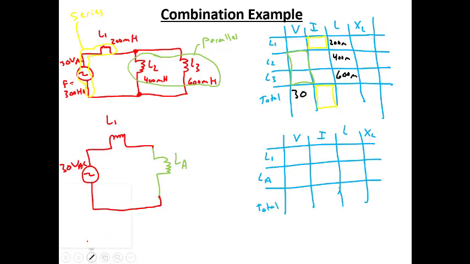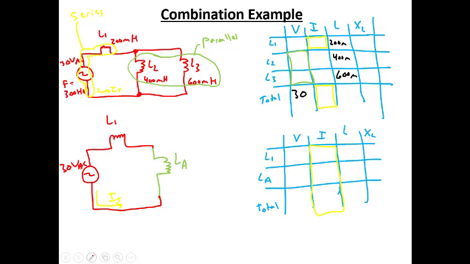Now the current in this circuit is going to be the same as the total current in this circuit. So let me put this on here. The current in this circuit, I total, is identical to the current here, which will be I total. So we'll circle all of that. That's a series circuit, so the currents are all the same.